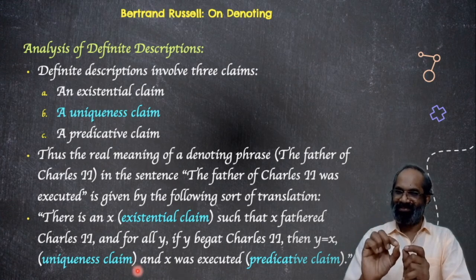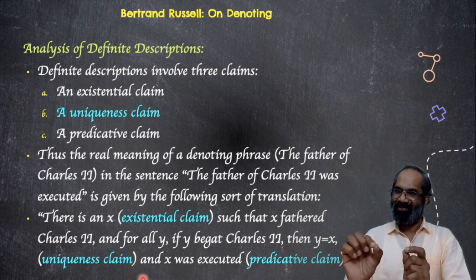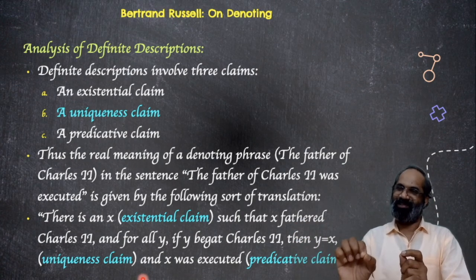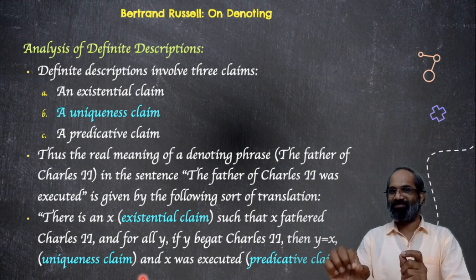There is an X such that X is the father. If any Y is the father, then Y is also X. So there is only one father, and that X was executed.